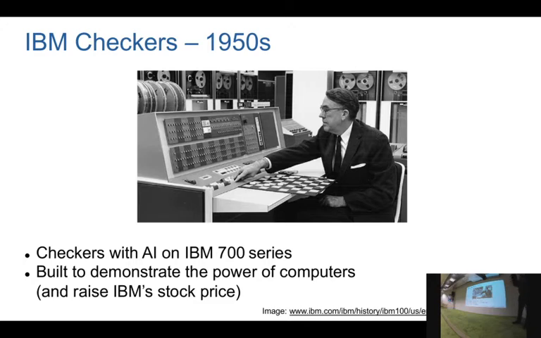It generated a few headlines and raised IBM's stock price. And this is, of course, a technique which they revisited in the 90s when they made Deep Blue. I suppose it's we, even though I wasn't making Deep Blue in the 90s. And that, of course, beat Garry Kasparov, who in this case was actually the world champion at chess.